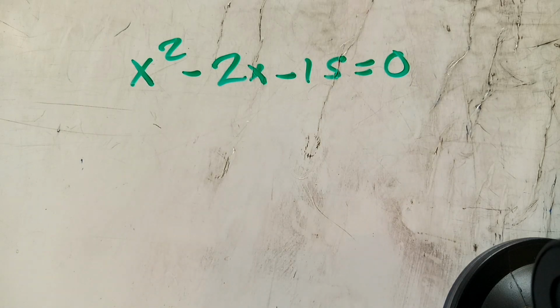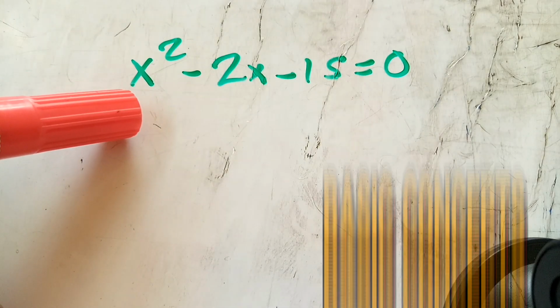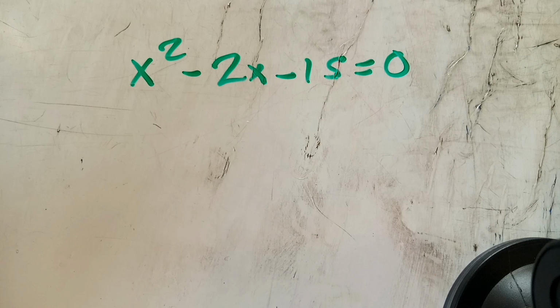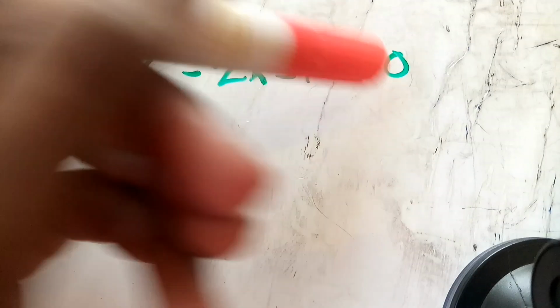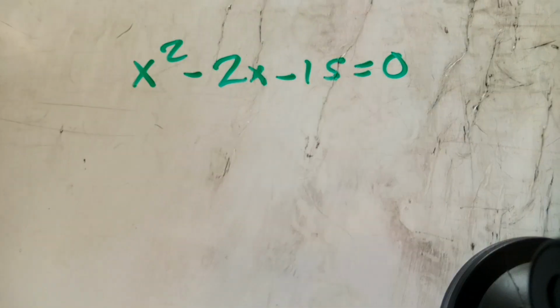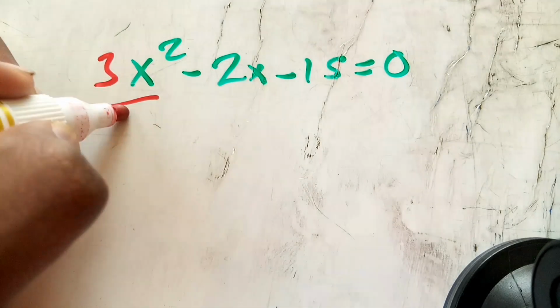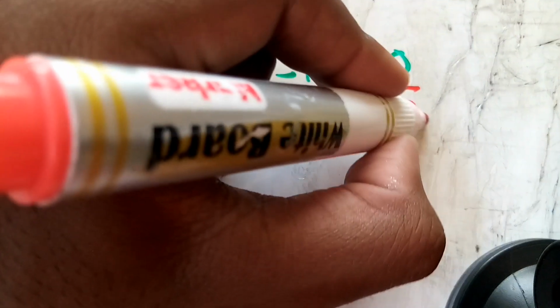In the completing the square method, the first thing we have to note is that the term multiplied to the x squared variable has to be 1. If it's not 1, we divide each of the numbers by this certain number. For example, if we had a 3 here, we would get rid of this 3 by dividing by 3, dividing by 3, dividing by 3, and here by 3.